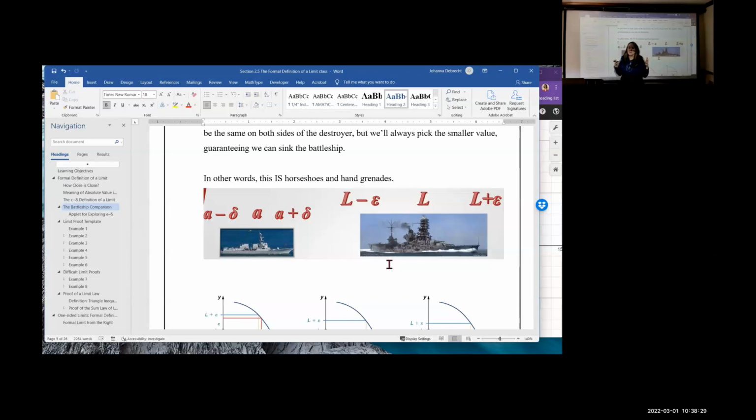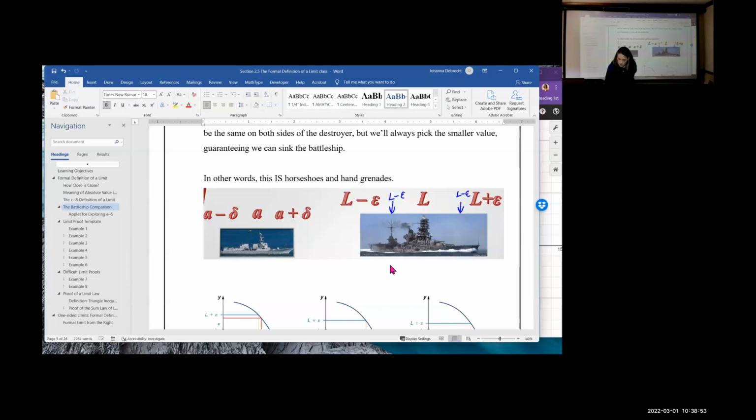Now you might want to be closer to the middle of the battleship when you hit it to sink it. If you hit on the very front, that's not going to be enough to bring it down. So you're going to choose an epsilon to make this interval smaller. You could choose epsilon such that L plus epsilon and L minus epsilon are here.